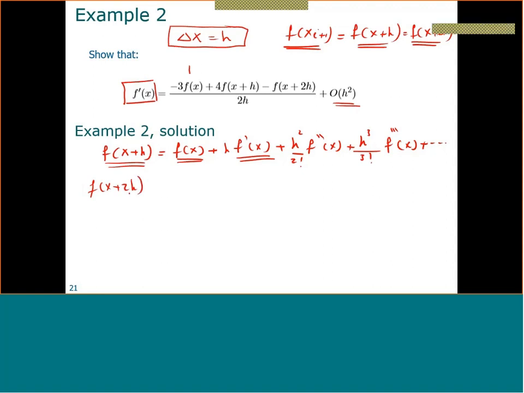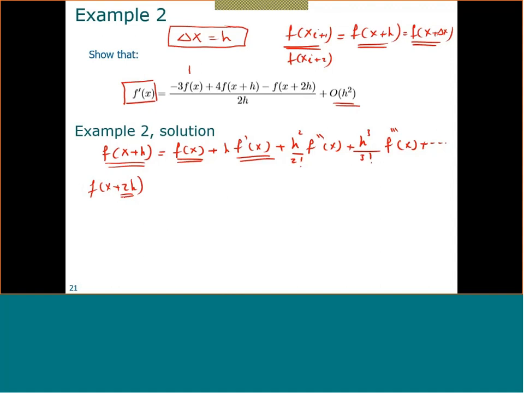So this is like finding f of x i plus 2, meaning finding the function defined at 2 increments. So I will need to increase x by 2 delta x to find the function defined at x plus 2h. That's all. What does it mean?